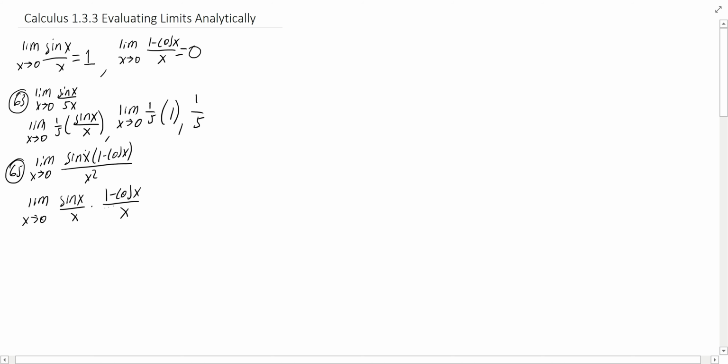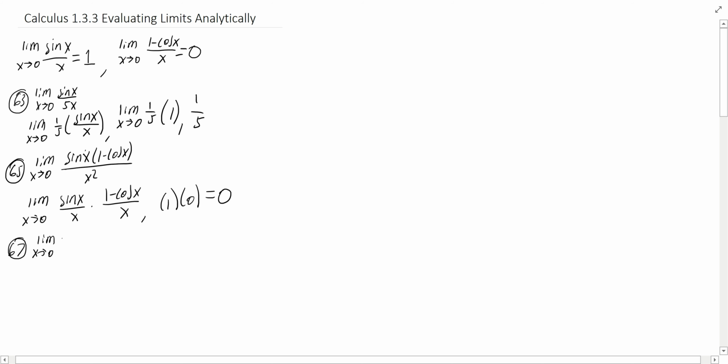Now we've essentially broken this multi-layered fraction into its individual parts, and we can easily use the special trigonometric limits to solve this. The limit of sine of x over x as x goes to 0 is just going to give us a value of 1. And then the other half, 1 minus cosine of x all over x, is going to give us a value of 0. Multiply these together, we get 0 as our final result. So there we go.